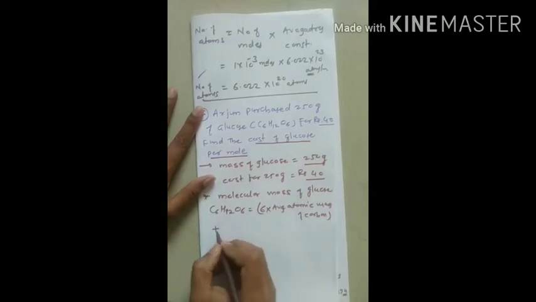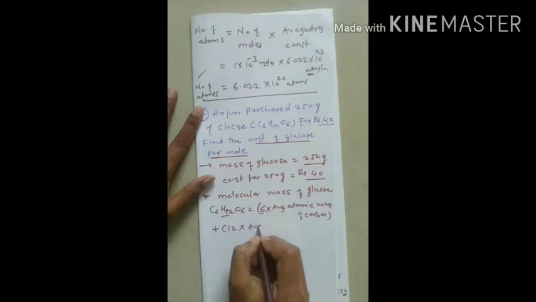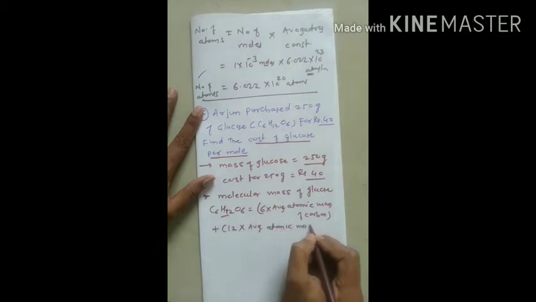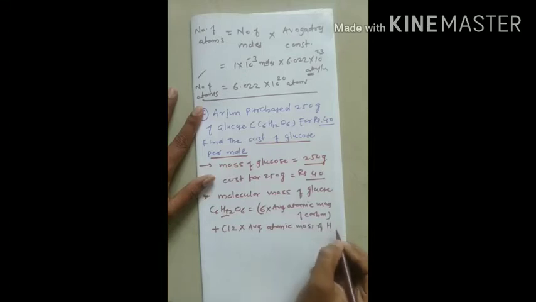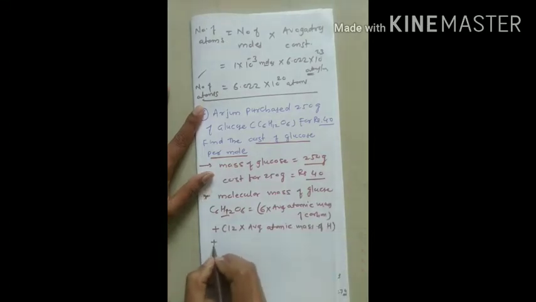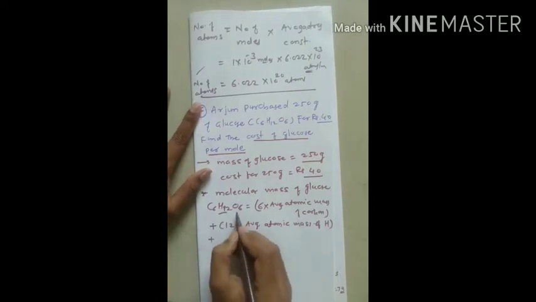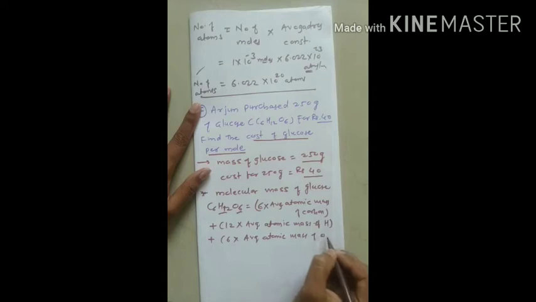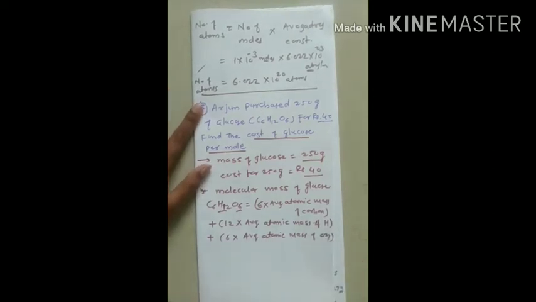Then we add the second element, hydrogen, and the number of atoms is 12, so 12 into the average atomic mass of hydrogen. The third remaining element is oxygen, and the number of atoms is 6, so 6 into the average atomic mass of oxygen. We have calculated this several times, so I am writing in a somewhat fast way.